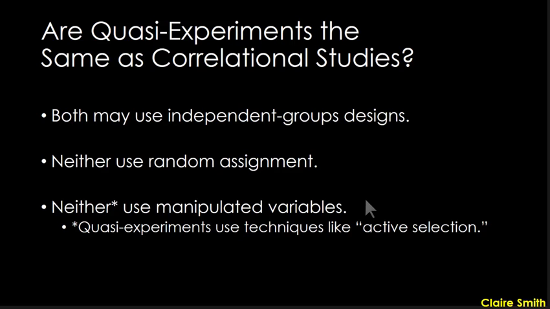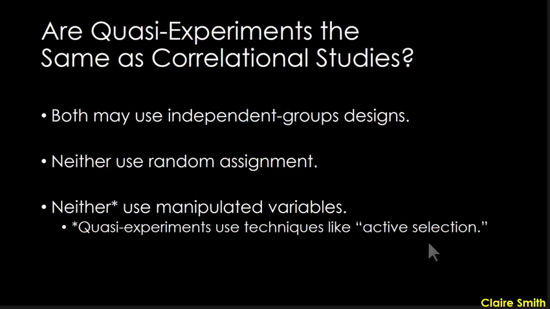The only real difference, and why these are considered different, I suppose, is that quasi experiments use techniques such as active selection to seek out individuals that fit the independent variable levels they're looking for, right? So in a correlational study, you might have a survey that's sent out to randomly selected college students, or all college students, to get an idea of how well online classes are going or something, and compare different variables to find correlations.